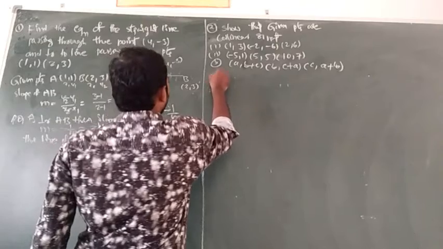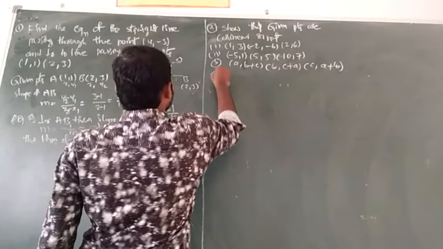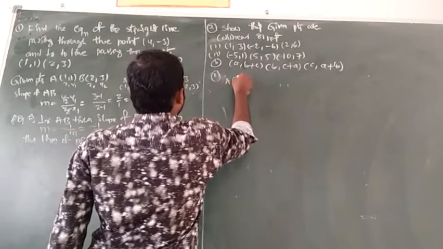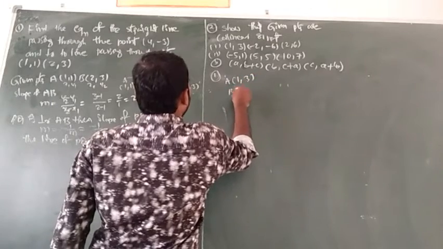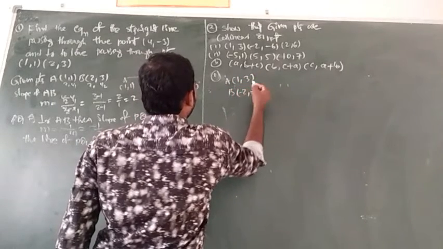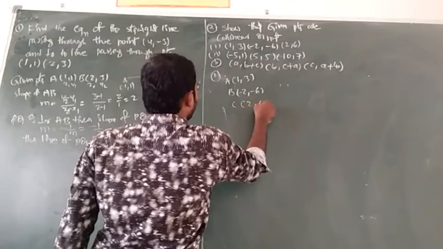The first problem I am going to discuss today is A (1, 3), B (-2, -6) and C (2, 6).